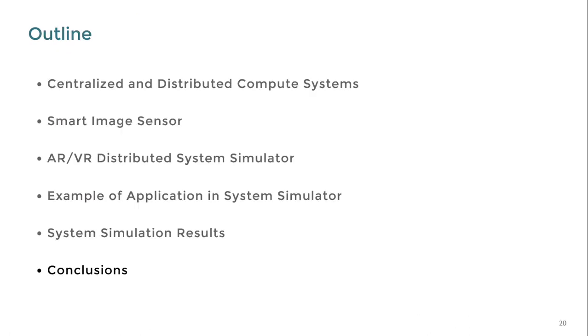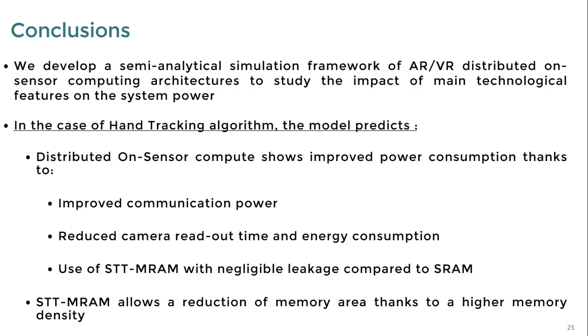So now, finally, the conclusions. As you saw, we developed a semi-analytical simulation framework for AR/VR distributed on-sensor compute architecture to study how the different technology parameters impact our system.